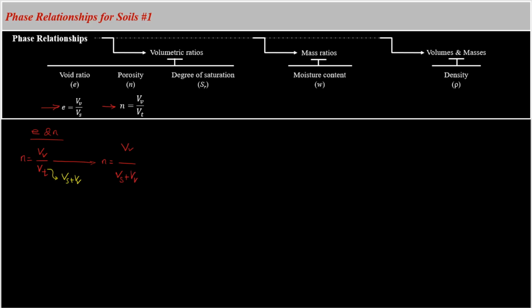Now, the next thing that we can do here is that we can divide both numerator and the denominator by V sub S to be able to find the void ratio equation here. So as you can see, in the numerator, we derive the equation for e, as well as in the denominator, and then V sub S divided by V sub S is equal to 1.